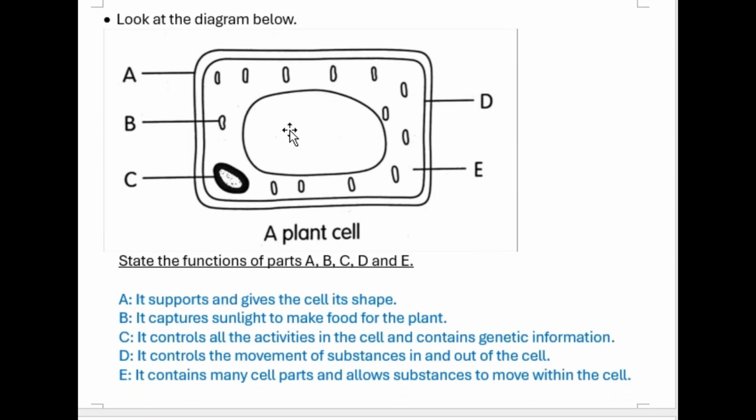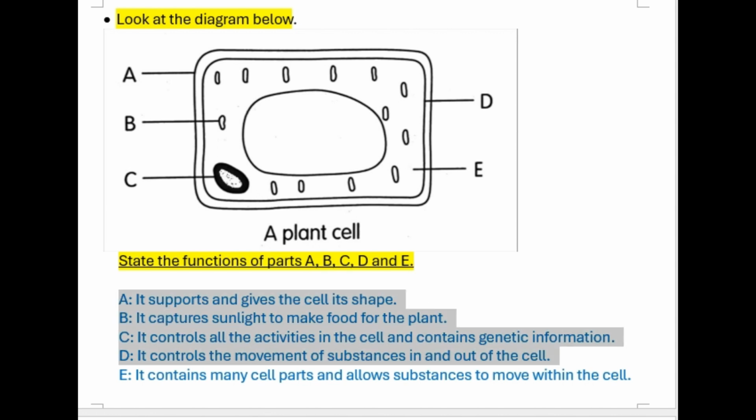Look at the diagram below. State the functions of parts A, B, C, D and E. E. It supports and gives the cell its shape. B. It captures sunlight to make food for the plant.